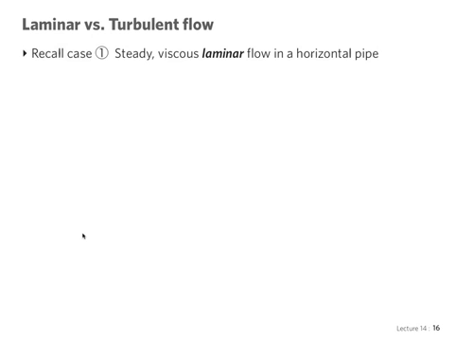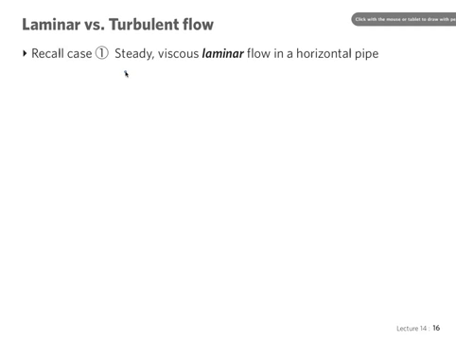This particular case that we started with in this overview represented a balance between the pressure difference, if you recall, along the pipe, and the forces which result from viscosity. And that balance between pressure and viscous forces produced a solution, which we're able to write in closed form, which is a parabolic velocity profile, right?